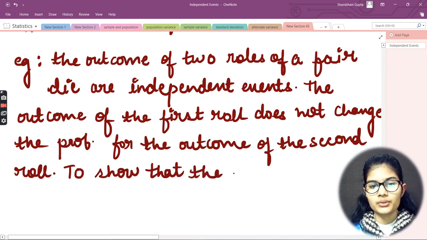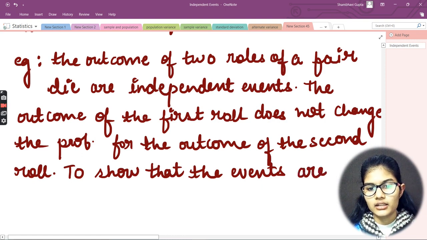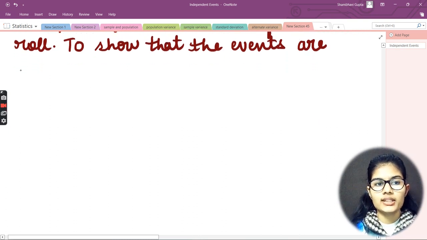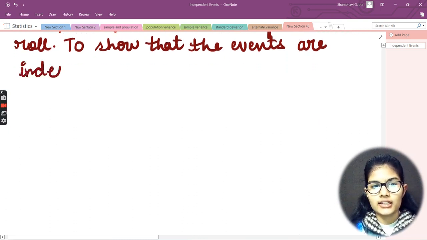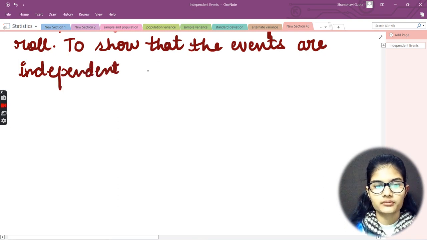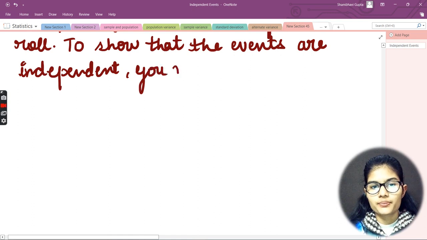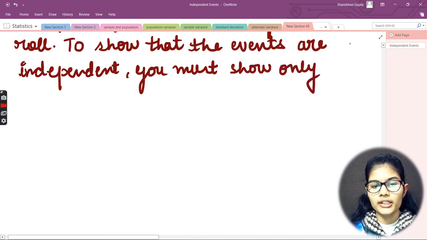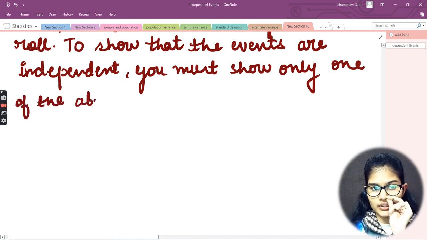To show that the events are independent, you must show only one of the above conditions.